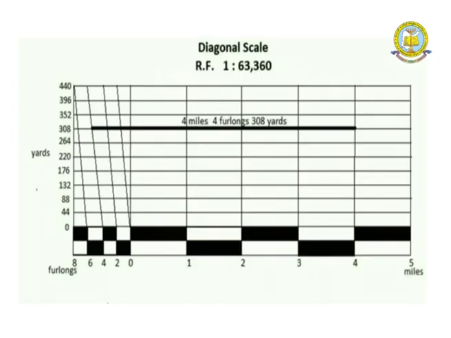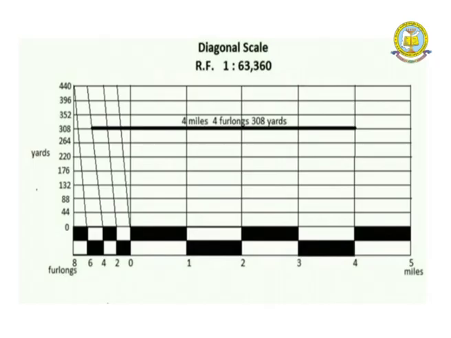Then coming to another scale, the diagonal scale, where the scale will look like this. Here you can see the units are 3. You are measuring 3 units, that is miles, furlongs and yards.